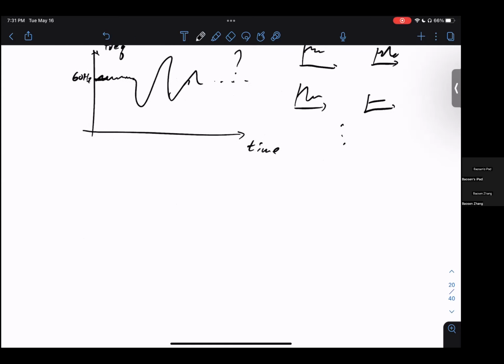So let's say you have some network like this. At each of the nodes, you have these time domain oscillations. You collect all this information. You want to decide, do I need to do anything? Is the system stable or not? If not, what do I do?